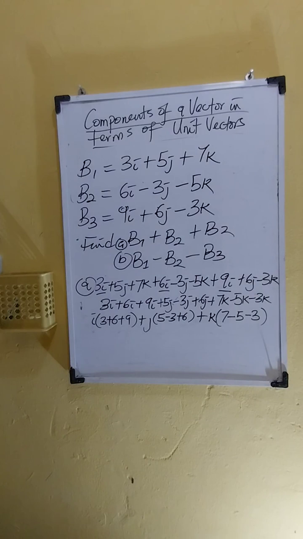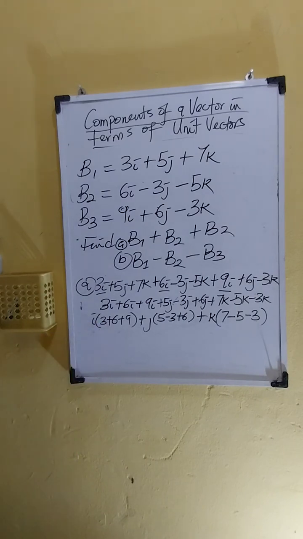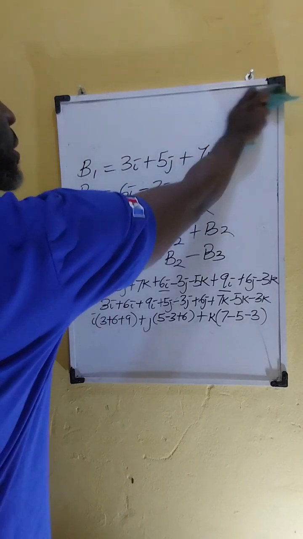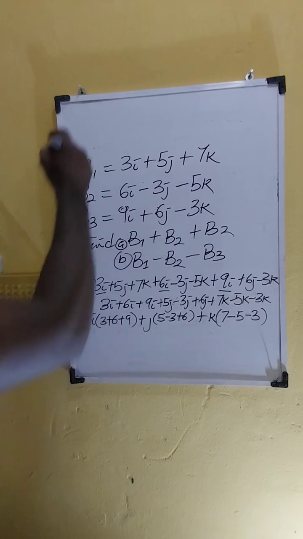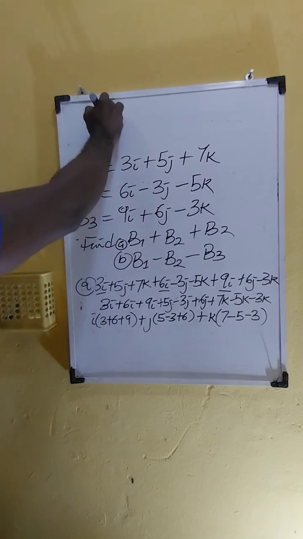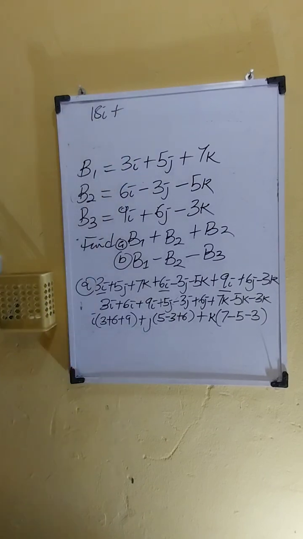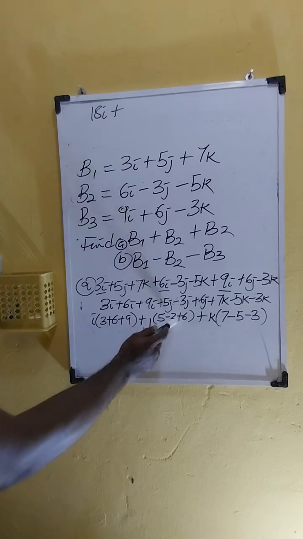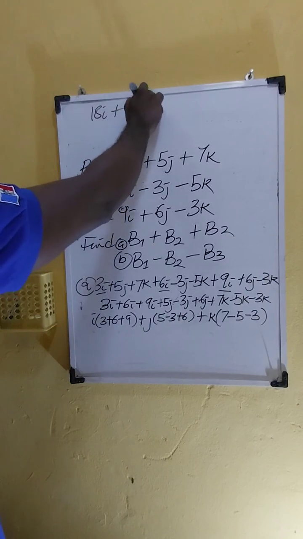So let's add them together. 3 plus 6 plus this. This is 9 plus 9. 18. Is what? 18I. Plus, what do we have here? 8J. 5 minus 3 plus 6 is what? 8. 8J.